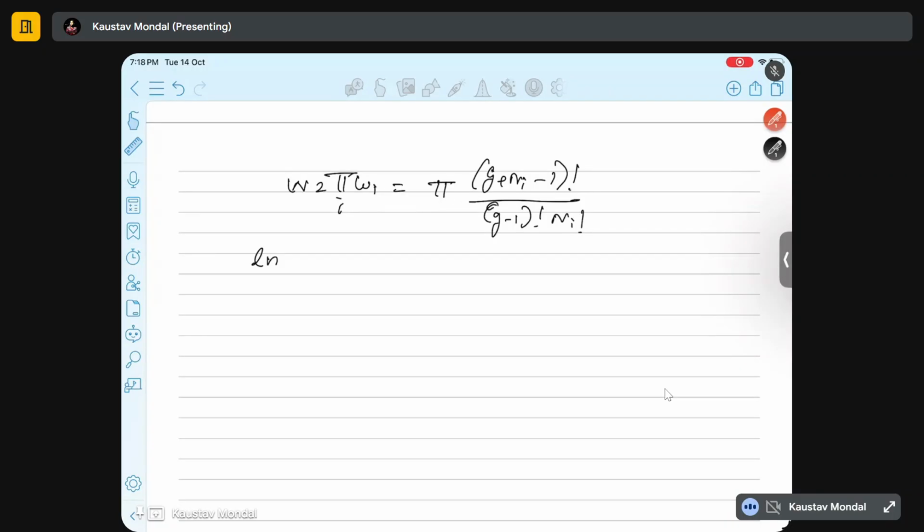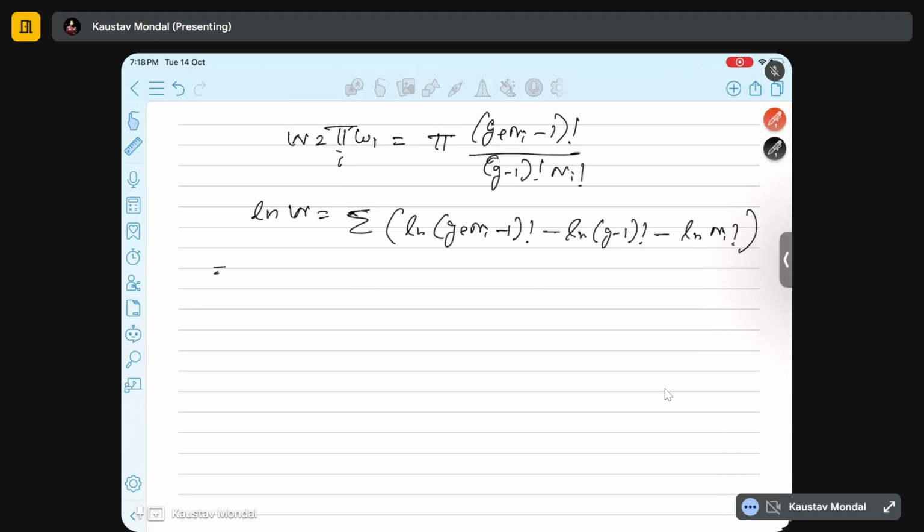For that we first take the logarithm on both sides. That makes the multiplication into a summation of ln of (g plus i minus 1) factorial minus ln of (g minus 1) factorial minus ln of i factorial.